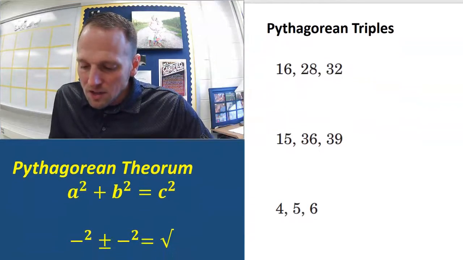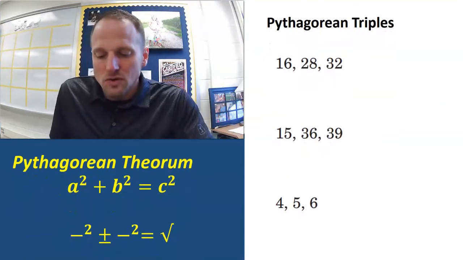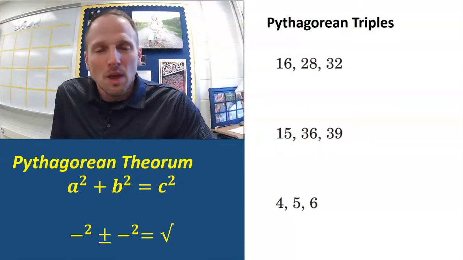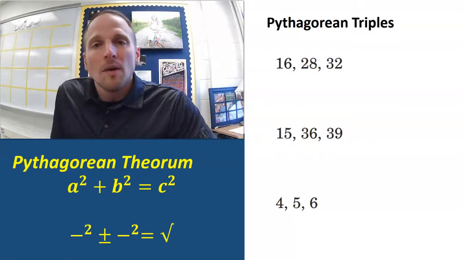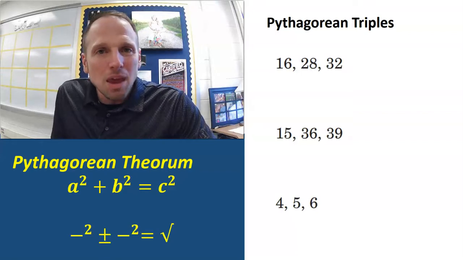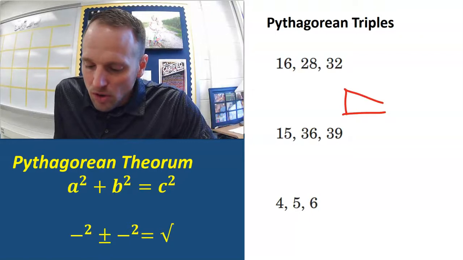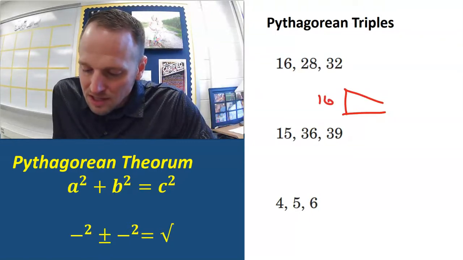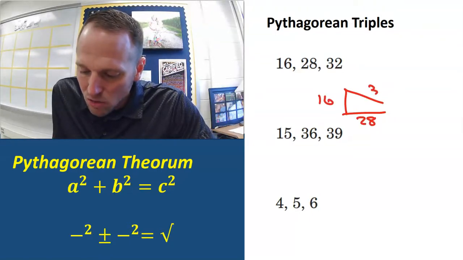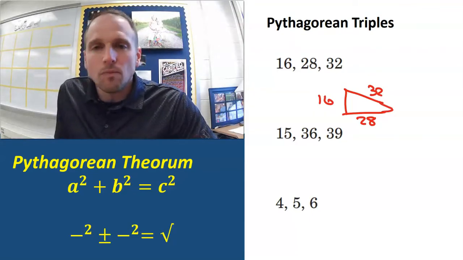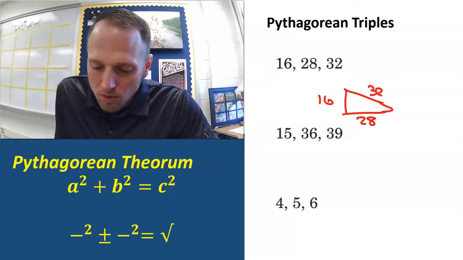All right, now let's look at this. So this is an interesting idea, the Pythagorean triple. So we've got 3 numbers right here, and I want to know if they make a right triangle. So if we have a triangle with sides 16, 28, and 32, what I want to know is, is this a right triangle? Well, let's just use the Pythagorean theorem.